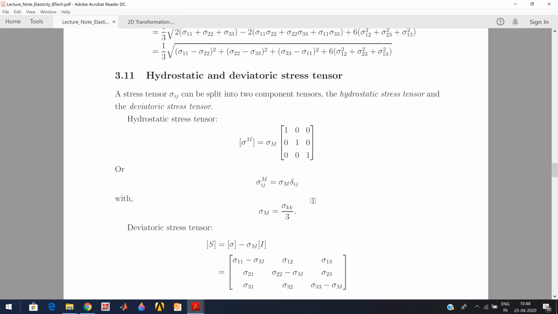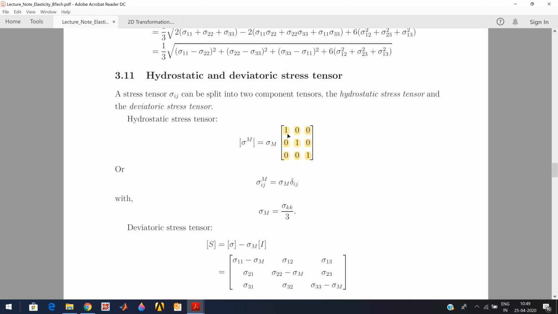Okay. So you can see one also important observation: this matrix is an identity matrix.